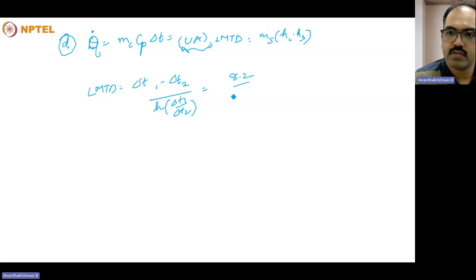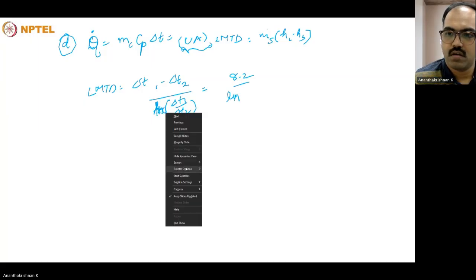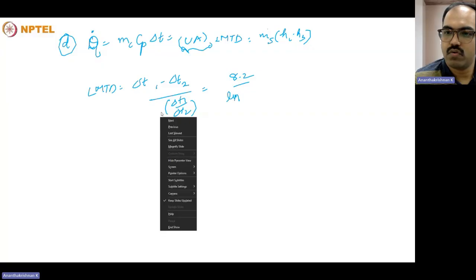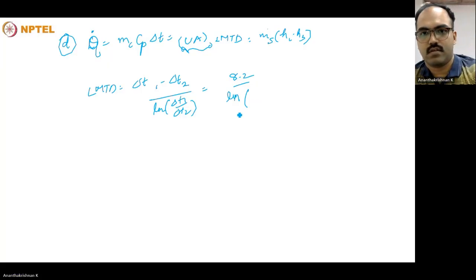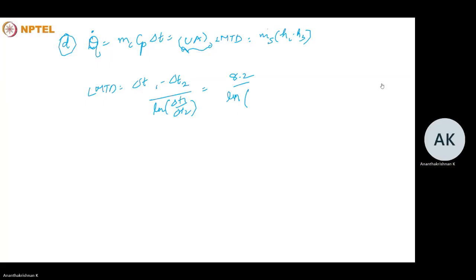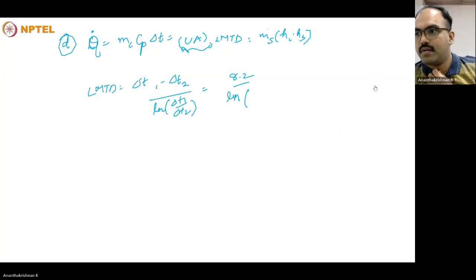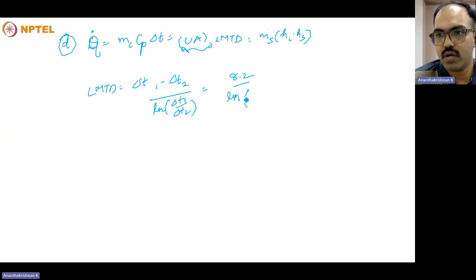So it will be 8 minus 2 divided by the natural log of the temperature difference on one side as well as the other side.